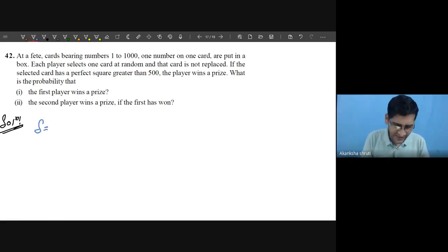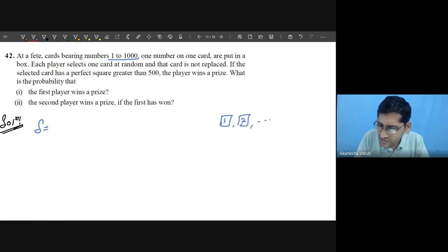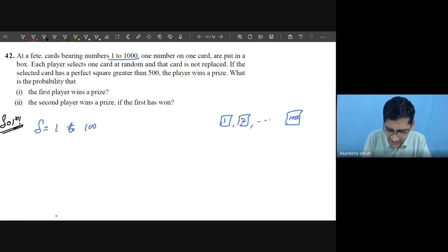So first write the sample space. A set of cards bearing numbers 1 to 1000. So first you do the rough work. 1, 2, going on up to 1000 are there. So NS means 1 to 1000, nothing is mentioned.